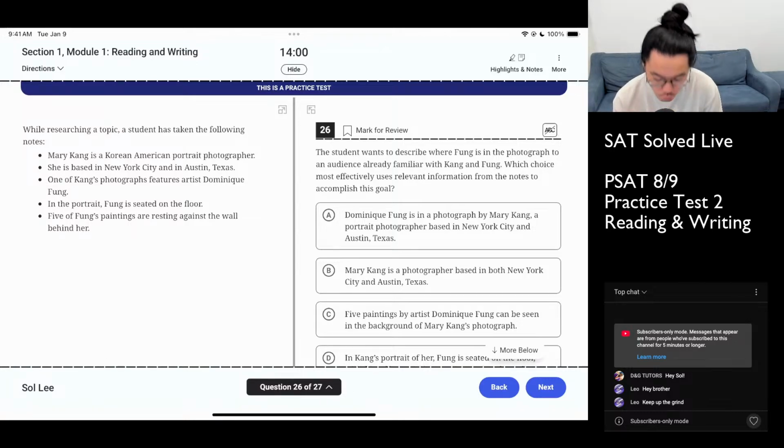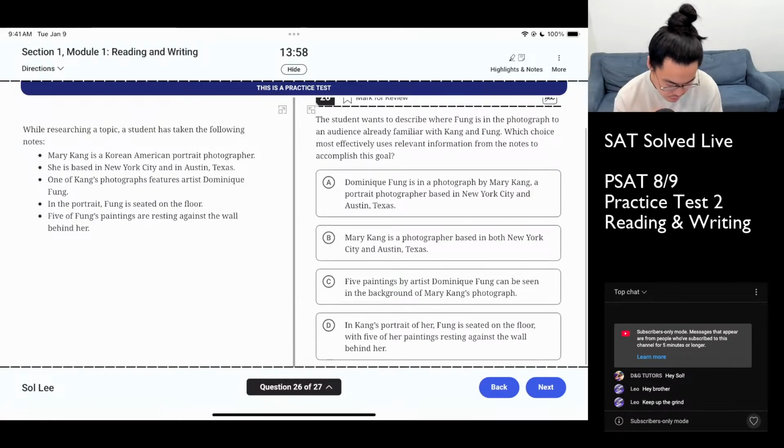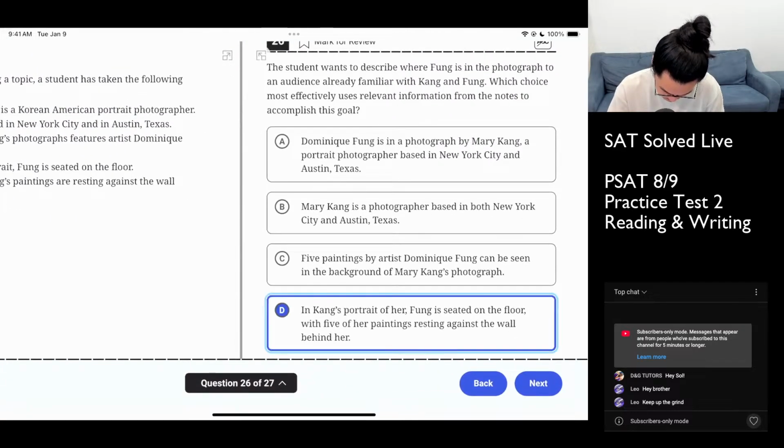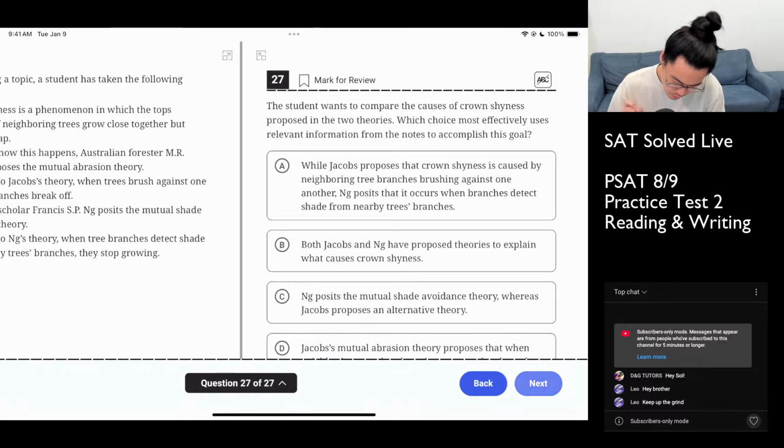And already familiar with Kang and Fung, so we'd have to say Dominique Fung sits on the floor in one of Mary Kang's photos. Okay, it has to be D, but let me just double check A, B, C because I feel a little off. A is wrong. B is wrong. The focus is wrong for C, so we're moving on.